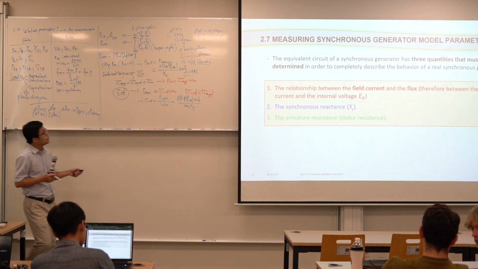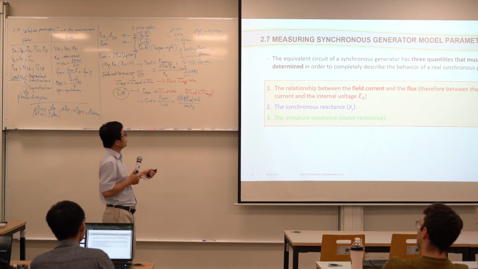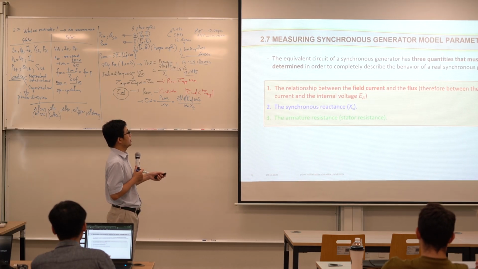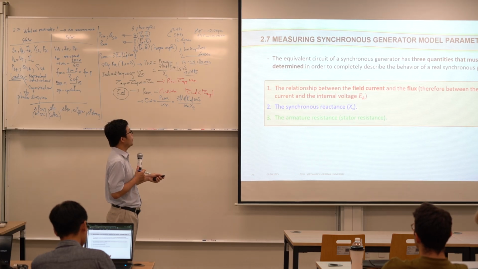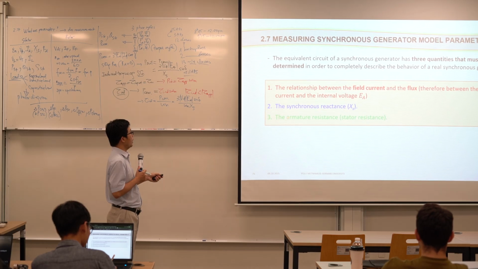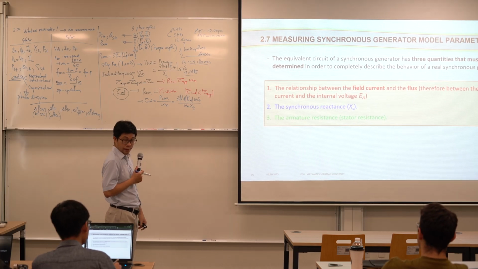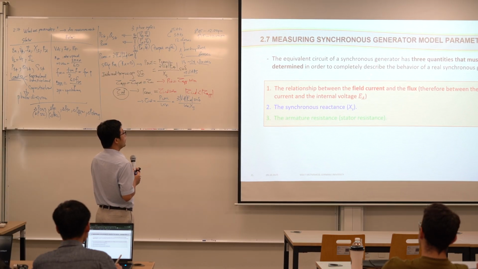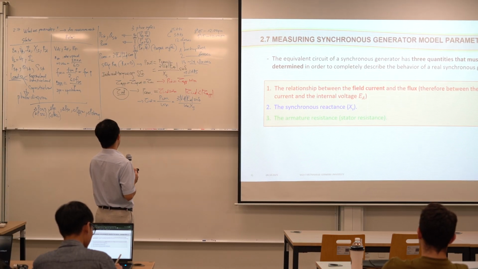Okay, so go back. The equivalent circuit of the synchronous generator has 3 quantities: EA, XS, and RA, where RA means armature resistance. Why do we have 3 quantities here?